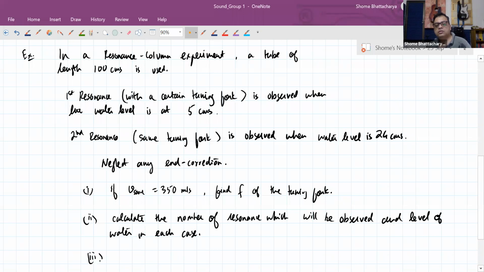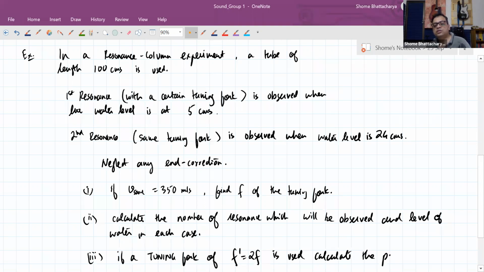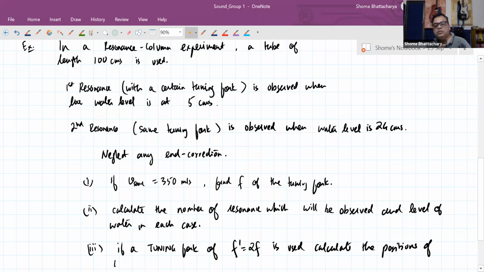Third, if a tuning fork of frequency double of this particular tuning fork is used, calculate the positions of water level for resonances.